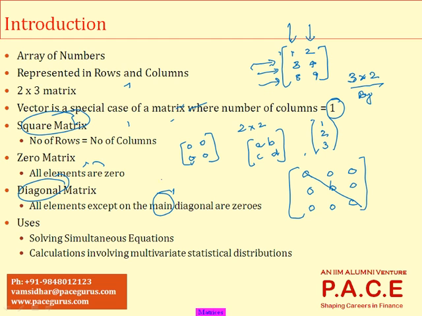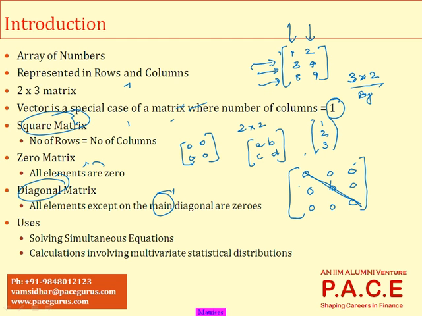So when all the elements of the matrix except the ones on the main diagonal are zeros, which means on the main diagonal they are non-zeros and the rest are all zeros, we call that kind of matrix a diagonal matrix.